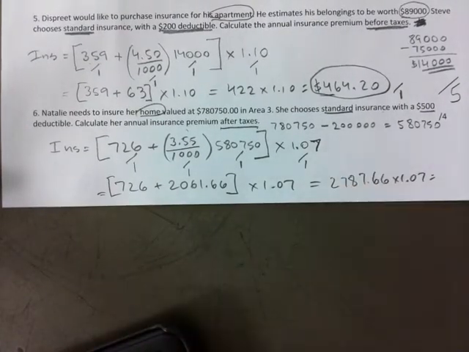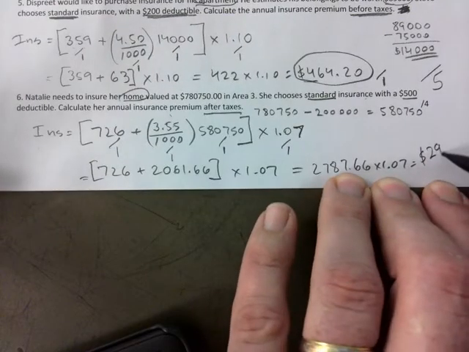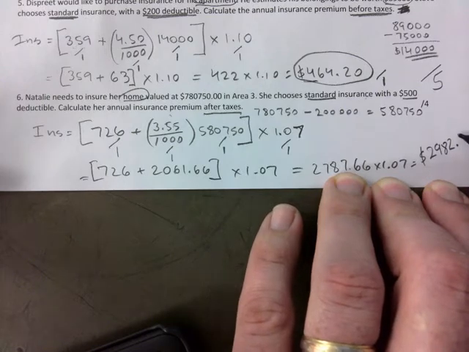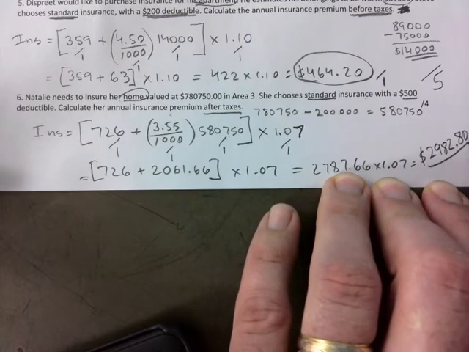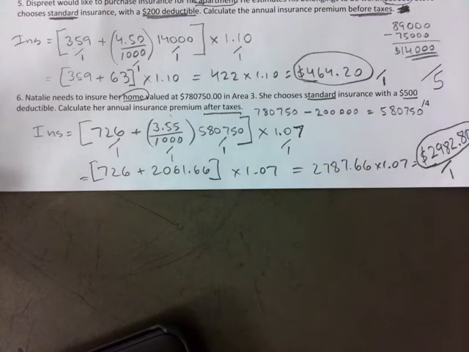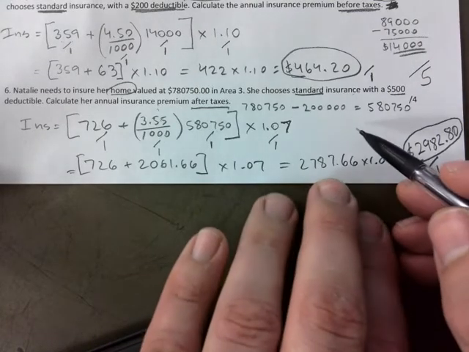Almost done. $2,982.80. That's worth another mark. So you get 5 marks if you did that right.